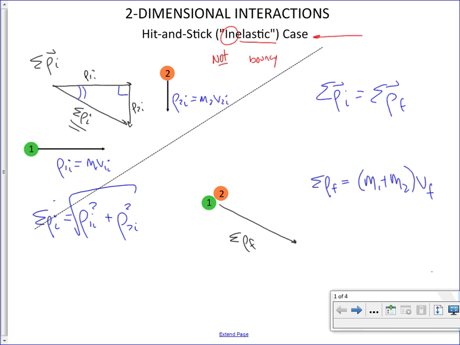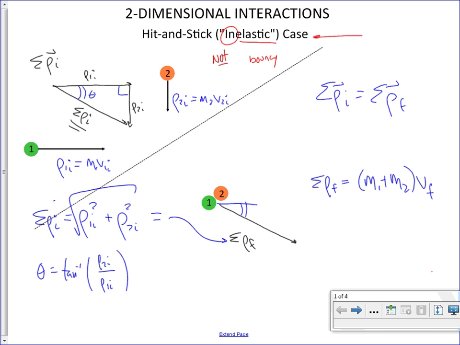We could do some trigonometry to find the value of that angle. So that is the same exact direction that the system moves in at the end. All right, and that is the same exact momentum that the system has in the end.